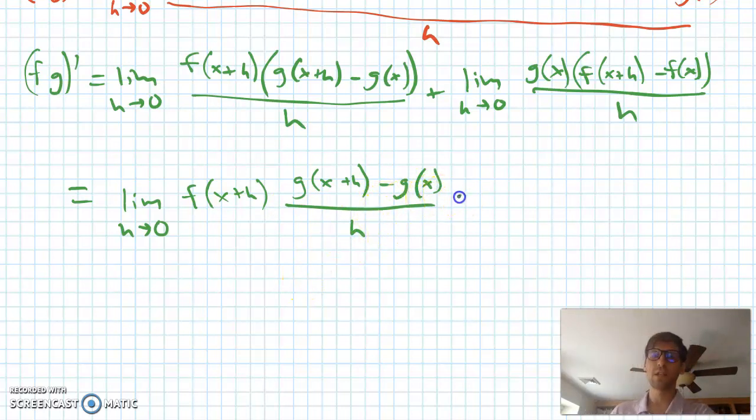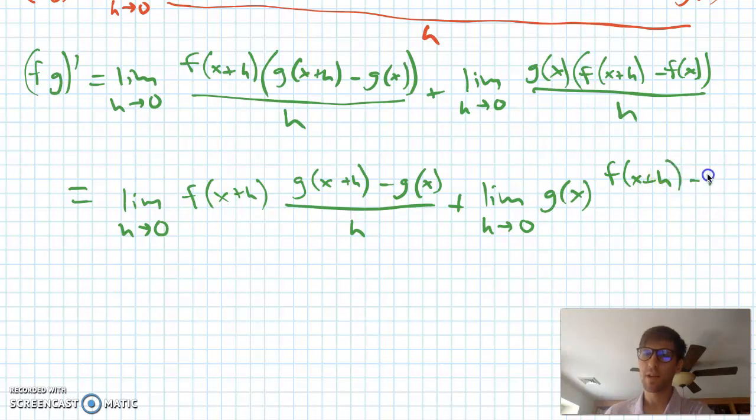Interesting. That may look familiar from our definition of the derivative. So f of x plus, oh my gosh, I forgot to put my g of x in front. G of x here, bada bing. That would be f of x plus h minus f of x all over h.